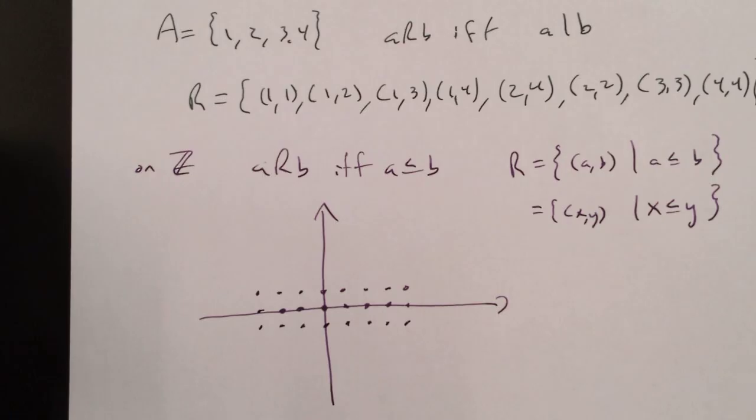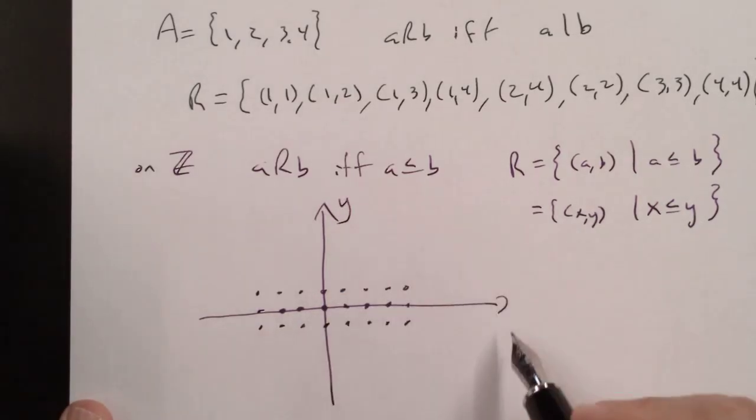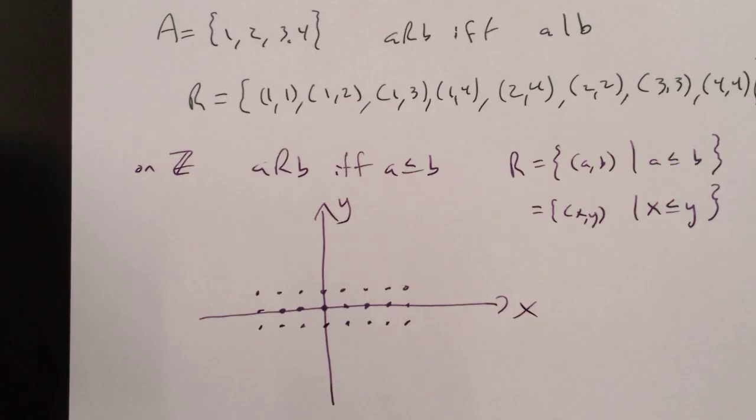If I think of this infinite lattice of dots extending forever in the y direction, forever in the x direction, then I could graph by shading in or circling all the dots that are part of this.